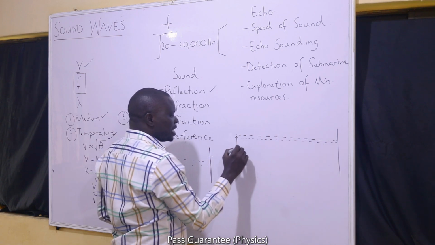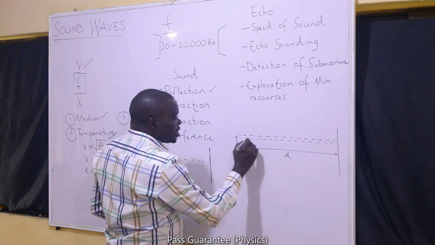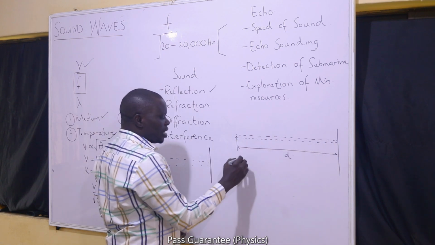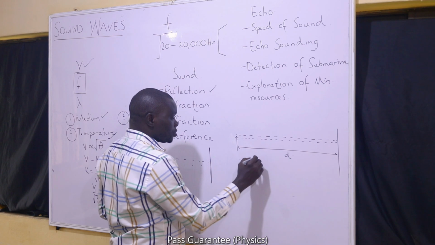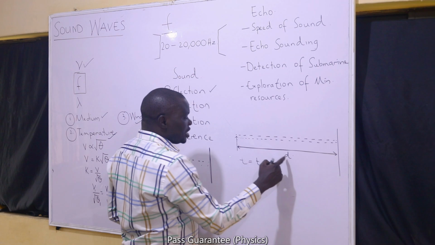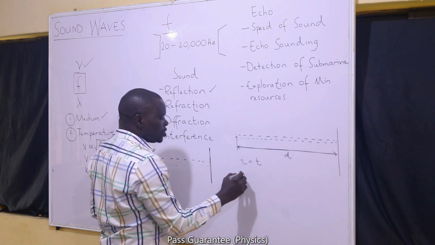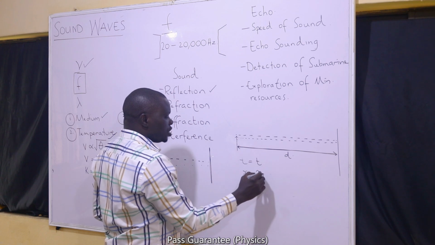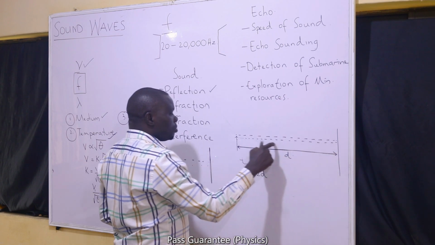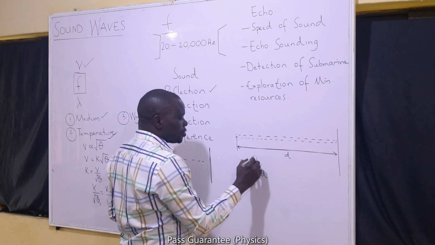Let us assume that the distance between the man and the wall is D. If a man makes a sound and the sound is reflected back to the man, the time it takes the sound to come back to the man, let us call it T. So we expect the echo or the sound to have traveled a distance that is equal to 2D, because it will have to move from the man to the wall and it will come back from the wall straight to the man. So it has traveled a distance of 2D in a time that has been recorded as T.